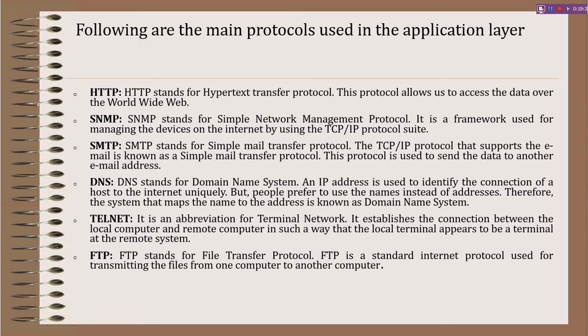DNS stands for Domain Name System, and IP addressing is used to identify the connection of a host to the internet uniquely. But people prefer to use names instead of addresses. Therefore, the system that maps the name to the address is known as the Domain Name System. Telnet means terminal network.